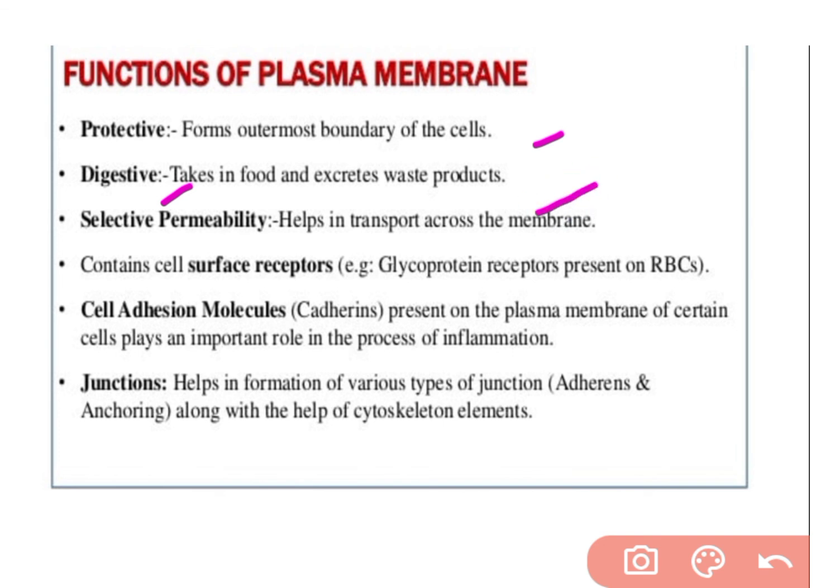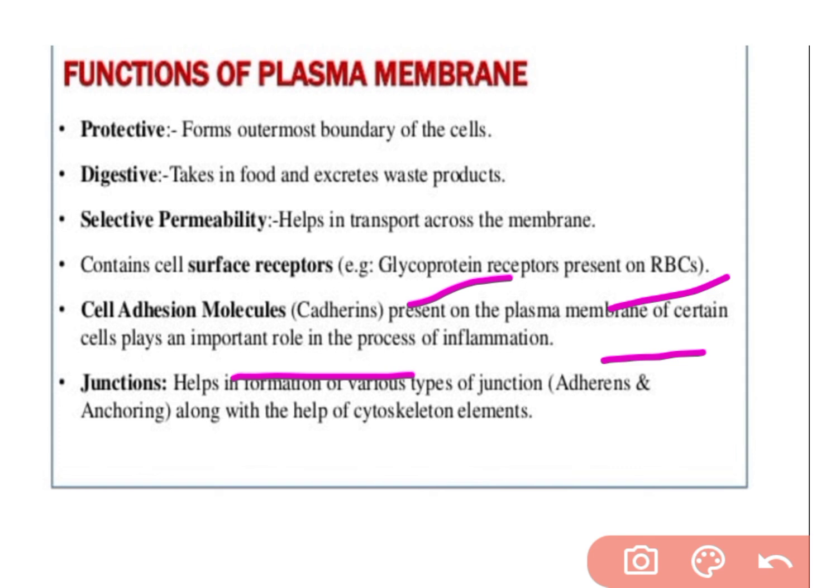Selective permeability helps in transport across the membrane. It contains cell surface receptors, for example the glycoprotein receptor present on red blood cells. Then cell adhesion molecules like cadherins present on the plasma membrane of certain cells play an important role in the process of inflammation, cell signaling, etc.